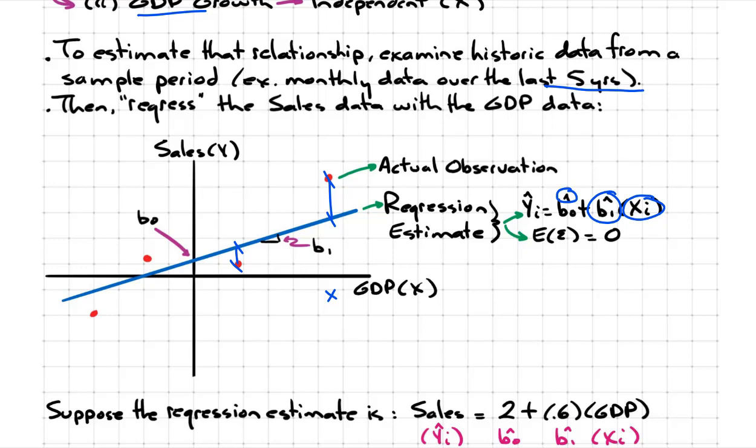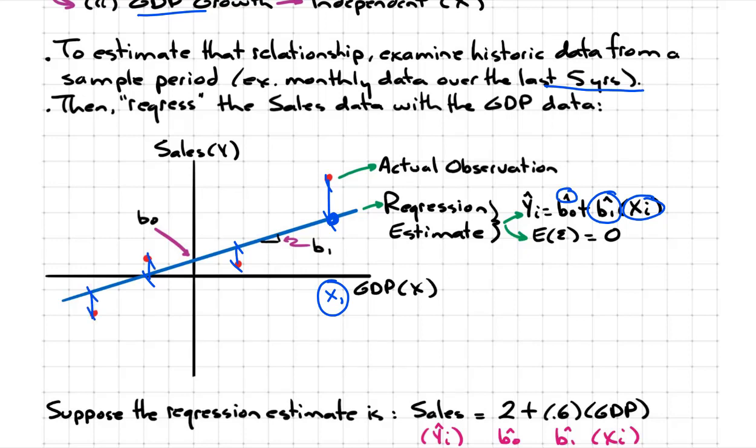In other words, the actual observation was something different. So for example, if we're looking at this x value, the regression would estimate that y would be right here, but the actual observation is right there. So that's why we refer to these as errors. And you can see another error there, and another error there.